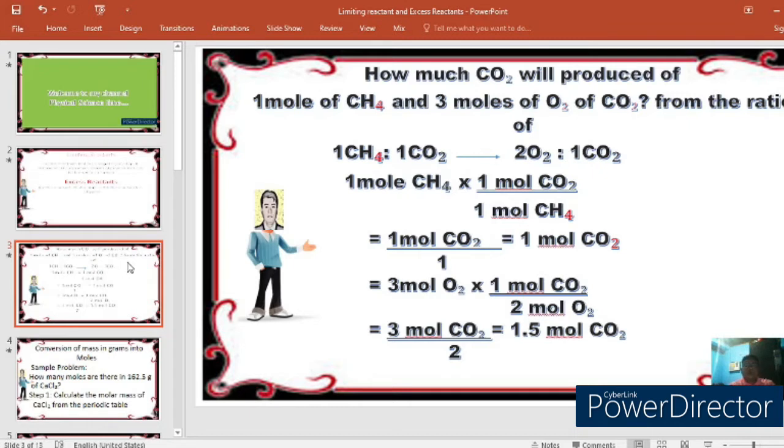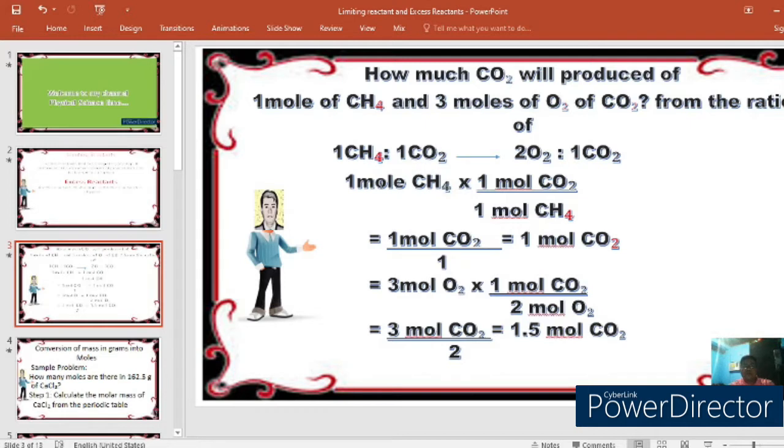Next, 1 mole of CH4 times 1 mole CO2 over 1 mole of CH4. So we get 1 mole from the coefficient of CH4, and we also get 1 mole of CO2 from the coefficient of CO2, which is 1. So, divided by 1 mole of CH4.